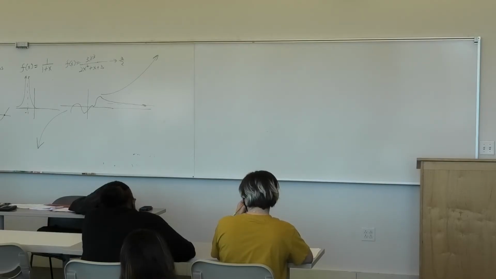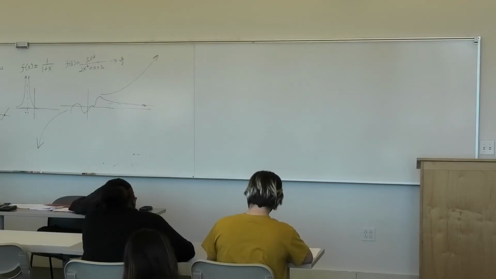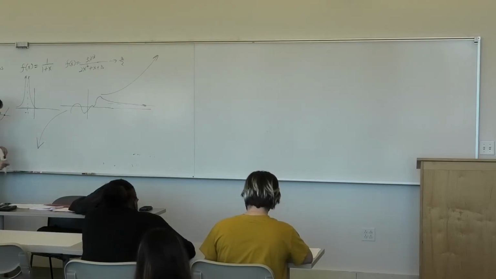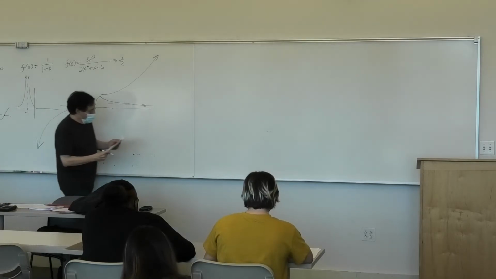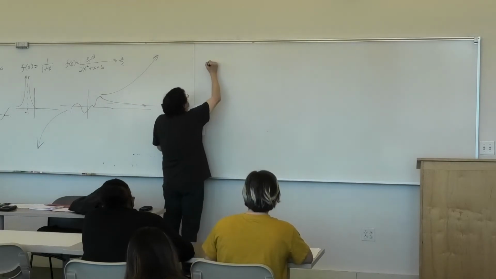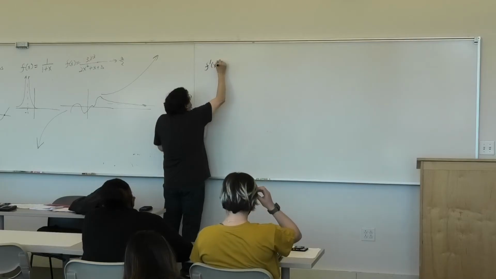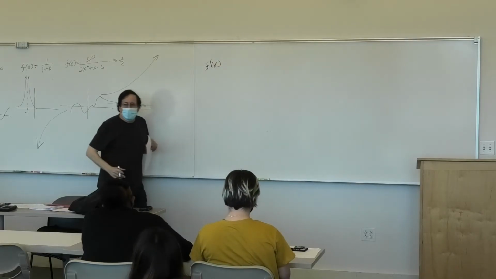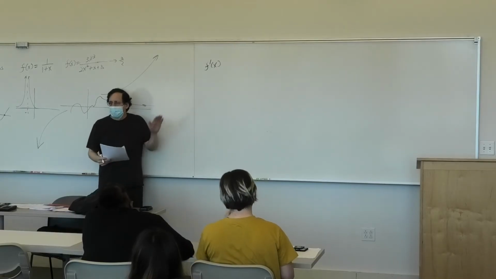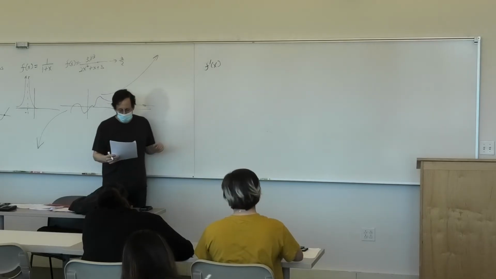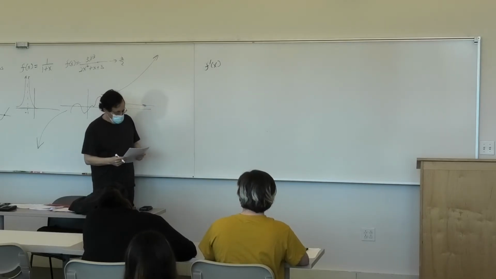Let's talk for a minute about what calculus would tell us. We have this idea of a derivative, which is a function that tells us the slope of the tangent at that point.